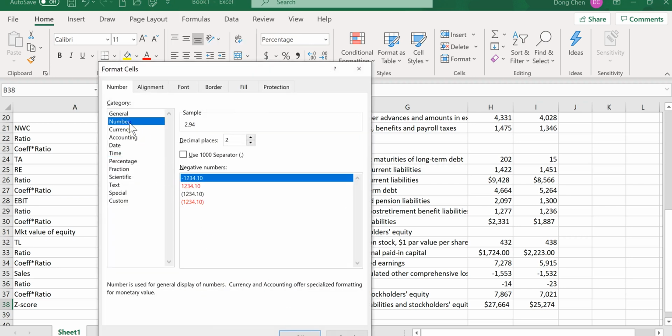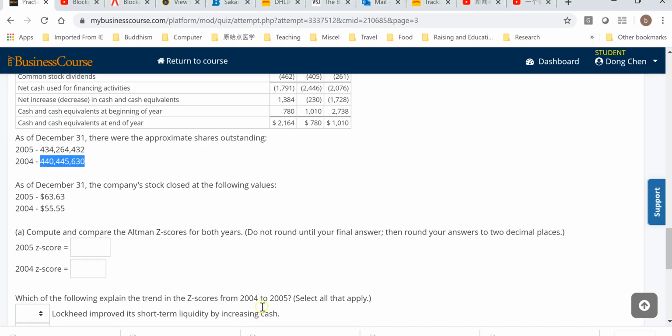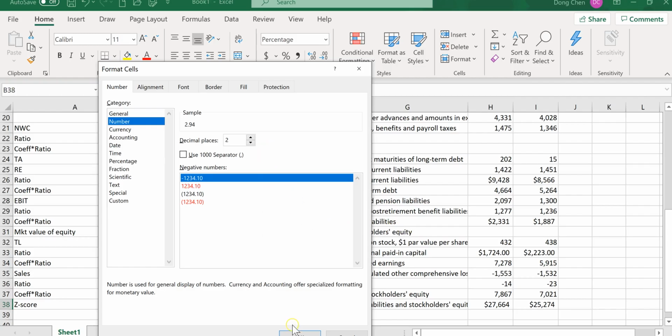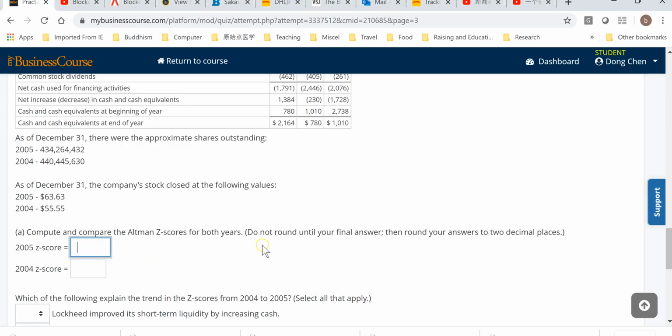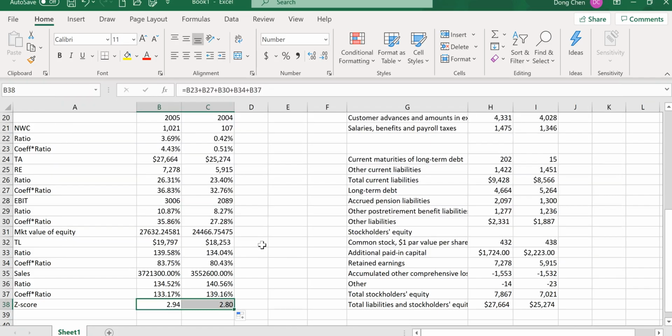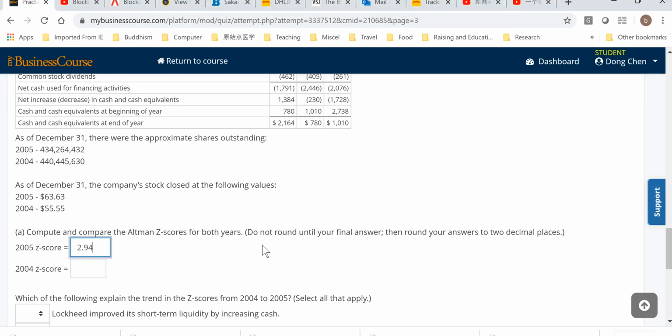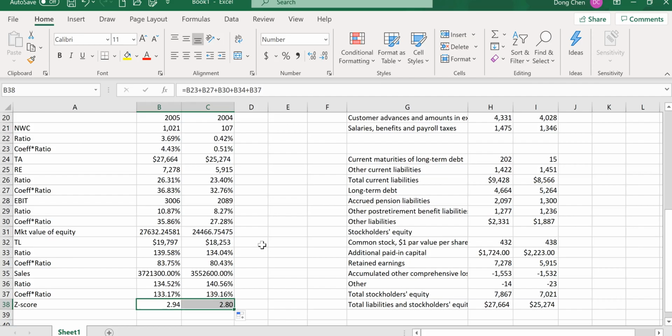Just keep that in the number, but keep a number of decimal places according to the requirement, which is to round your answers to 2 decimal places. So just keep 2 decimal places around that. And then pull the cell to the right and get my final z-score for 2004 and 2005. So that's the calculation for the z-score. Just copy number 2.94 and 2.80.